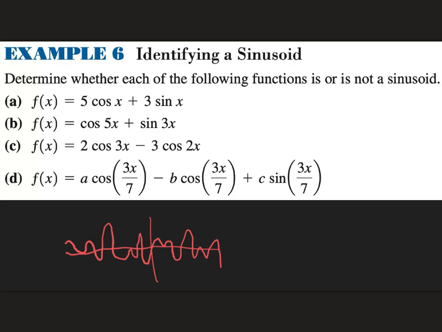All right, so that looks a little weird. So we're going to say no. And if you pay attention, they have different periods, but the periods do not match. So 2 pi divided by 5 for the cosine and 2 pi divided by 3 for the sine are not equal, so the periods don't match. It's not periodic.